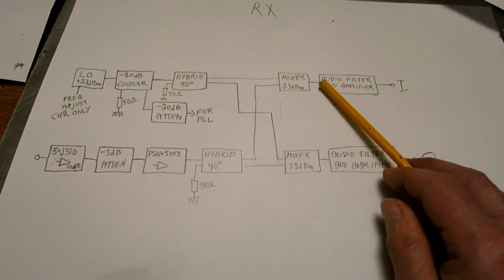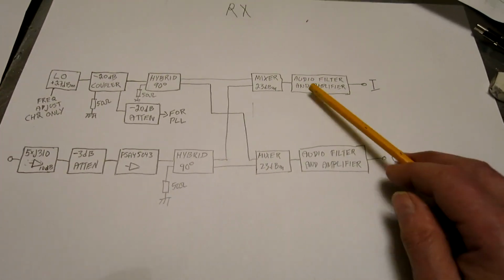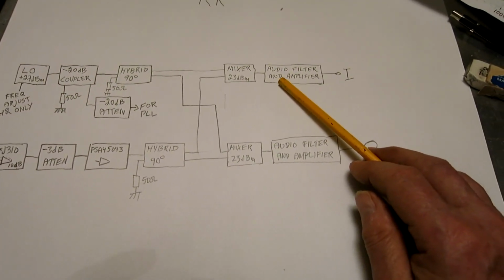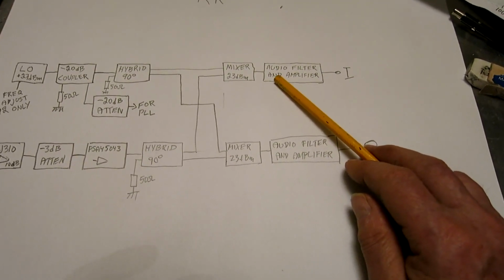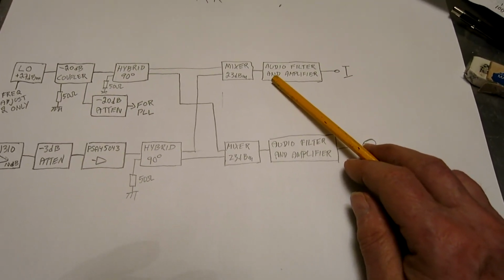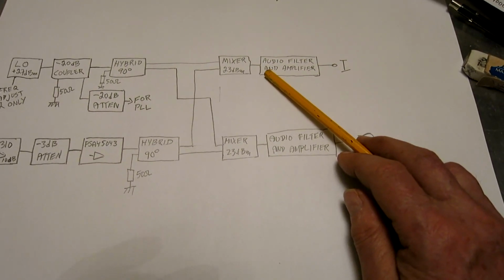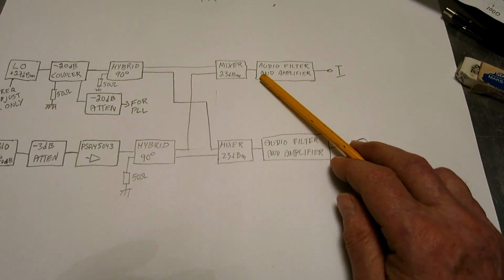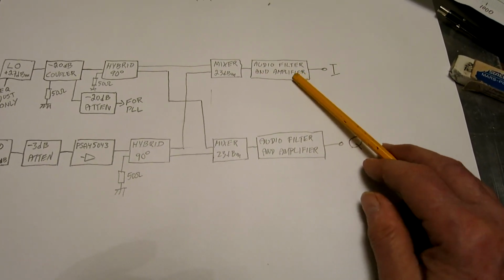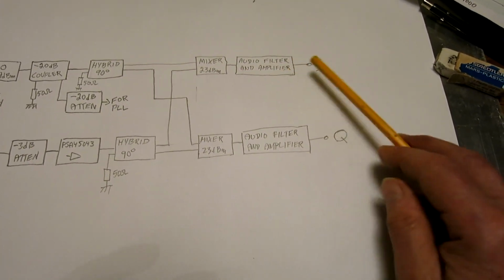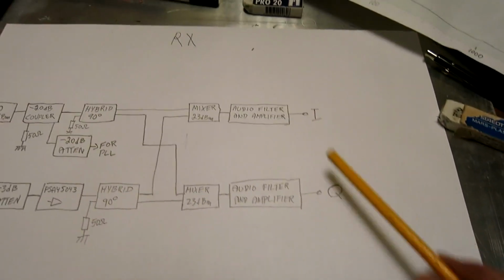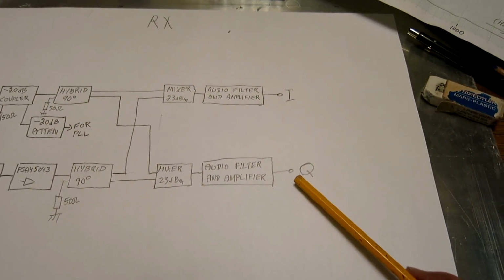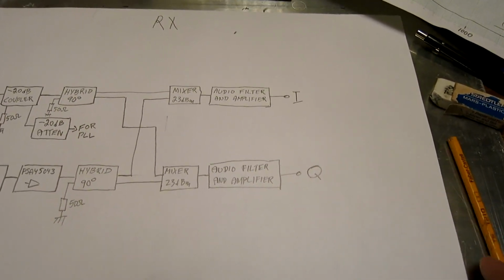And the mixers then produce the I and the Q signals, and there is an audio section which has a filter that filters out 10 MHz, or rather 20 MHz, which is a strong component, but it cuts at maybe a couple of 100 kilohertz. And then there is gain, not much, but some gain. And then the I and Q are routed to the sound system of the computer, the UADC4.